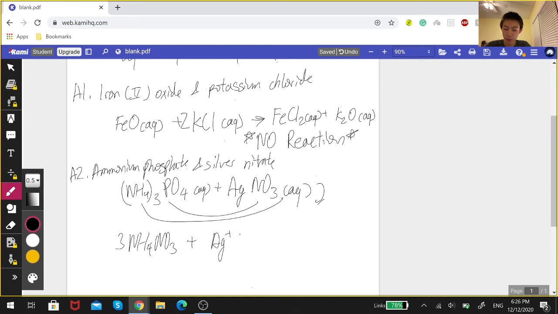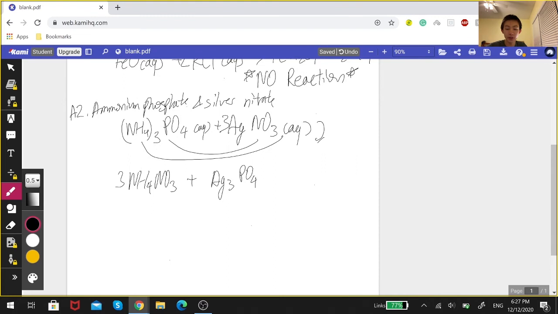Ag 1 plus and PO4 3 minus, which is why we need a 3 here as well: Ag3PO4. Now we have to balance the equation. NH4 times 3, check. PO4, check. NO3 times 3, that's 9, so we're going to add a 3 over here, which makes this 3 as well. So now this is balanced.